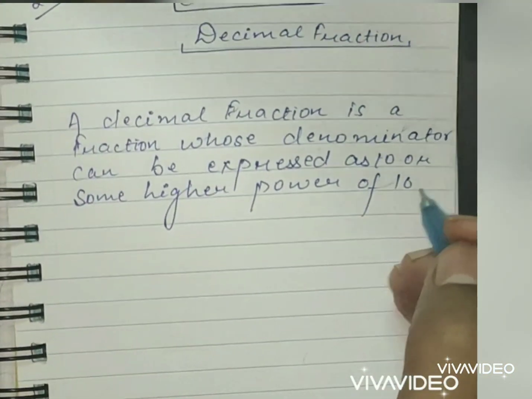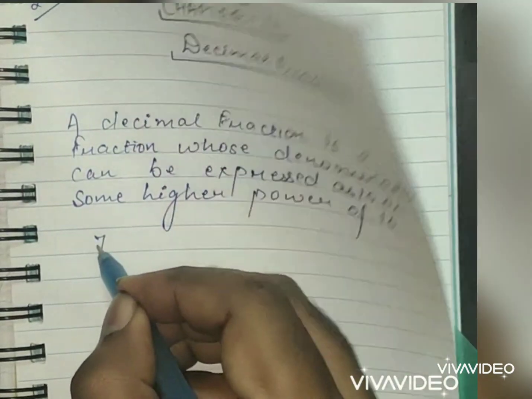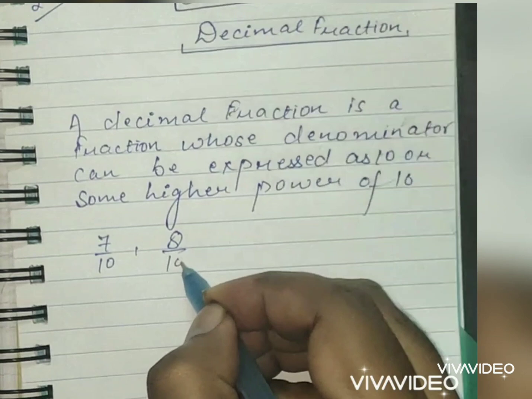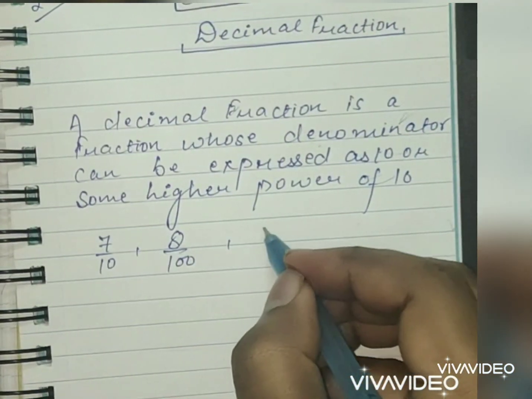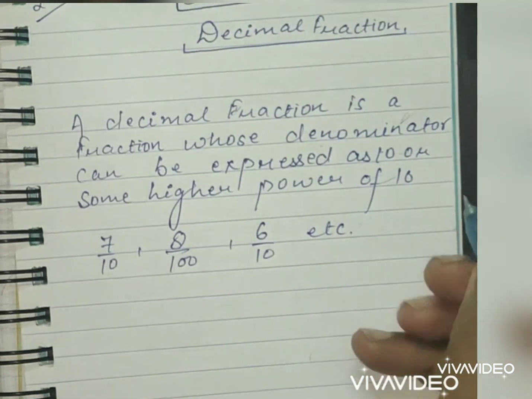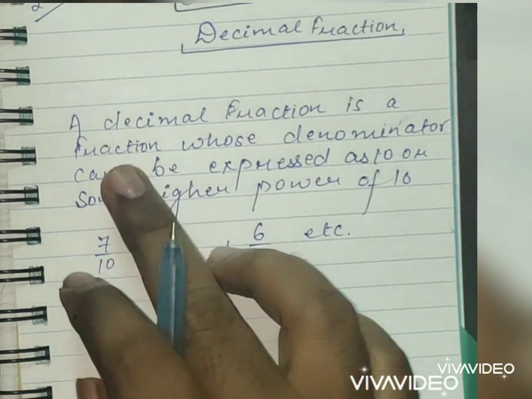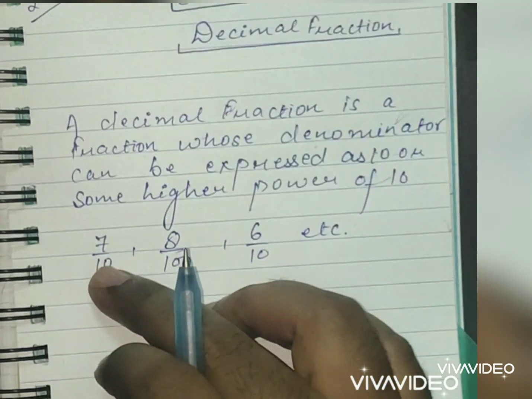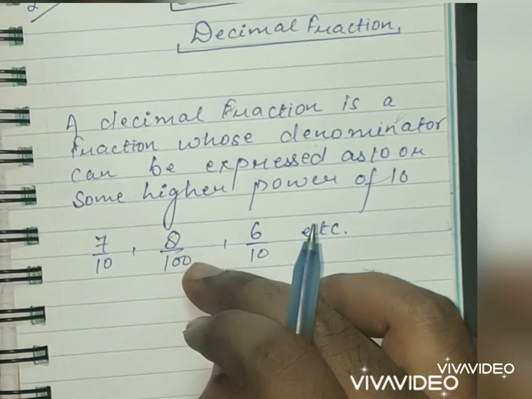Understood? For example, 7 upon 10 or 8 upon 100 or 6 upon 10, etc. Clear? A decimal fraction is a fraction whose denominator can be expressed as 10 or a higher power of 10.